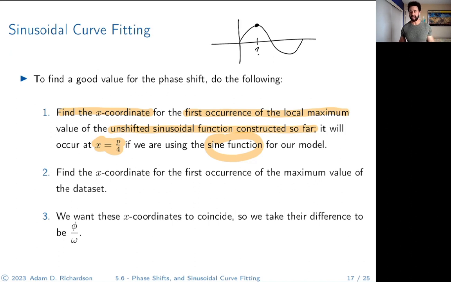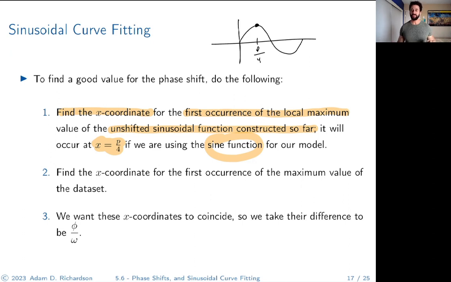So if we're using a sine function, this will occur precisely at p over 4. If you're using cosine, then it will occur at x equals 0, because cosine starts up here and goes down like so. But for now, we're just going to use sine, right? Cosine and sine are just shifts of each other, so let's just use sine.